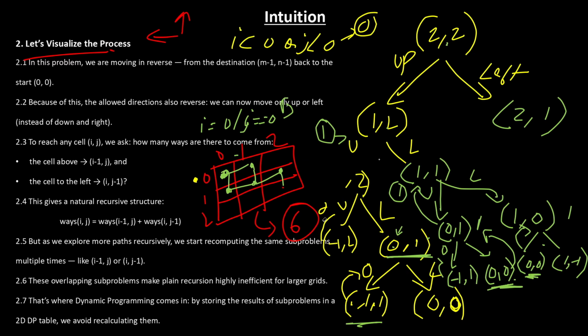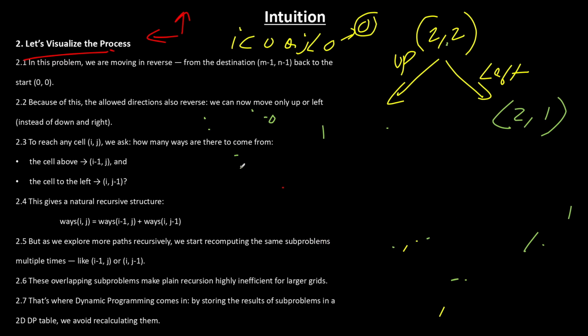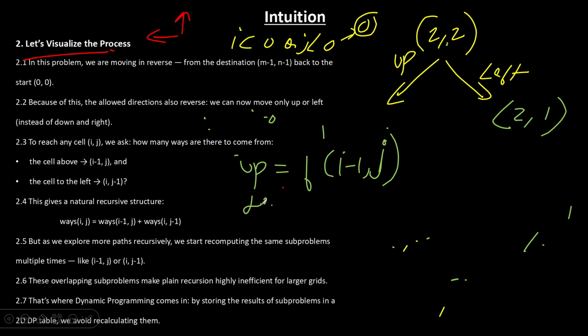Now, how will our recursion look like? Since we're going up, it will look like function of i minus 1 comma j. If you're going to the left, it is i comma j minus 1, right?